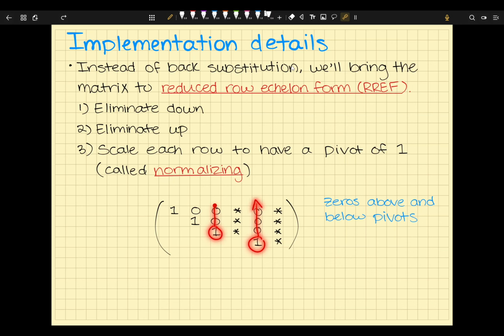And we look at this pivot and we eliminate upward, and we look at this pivot, we eliminate upward. And this is how we get into reduced row echelon form. If you want to solve a linear system, you don't have to do this, but it's nice to have for other algorithms, such as computing the null space. So that's why we're going to do it this way.